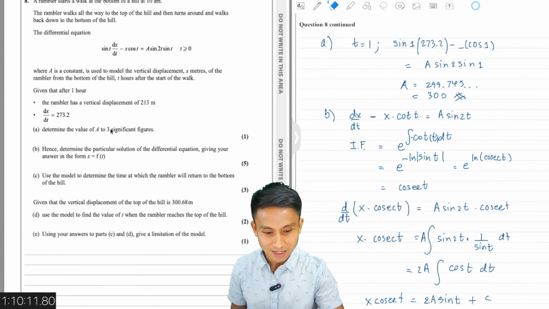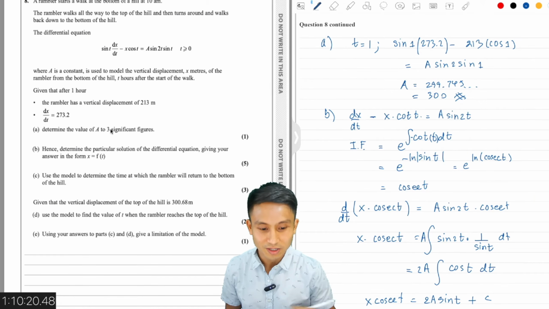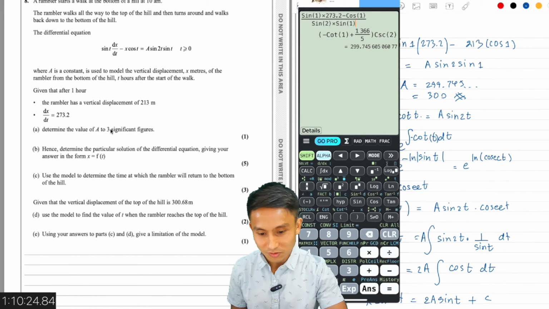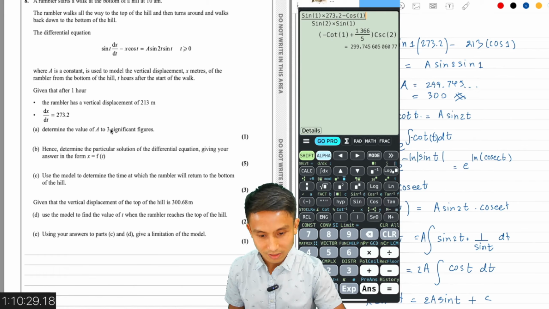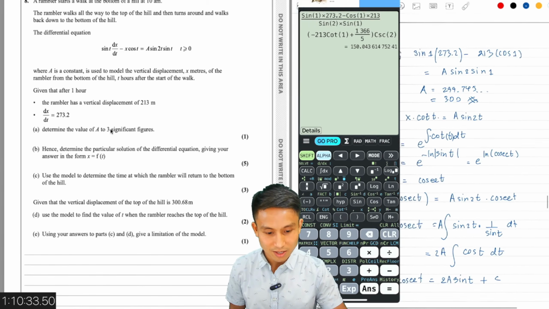This should be x, which was given to be... Oh no. The Rambler has displacement. Yeah, this is 213. Good that I saw this. Okay, let's calculate that again. So this has got to change too. So that part there, multiply 213, right?